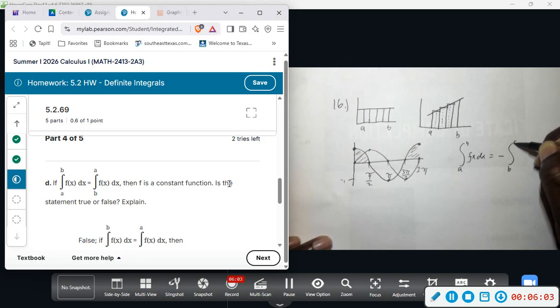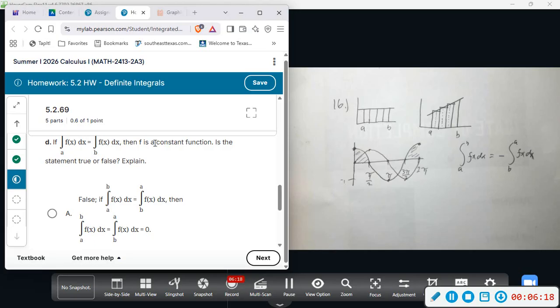The only thing that doesn't really have a sign is 0. So these both would have to be equal to 0 for that to work out. And so not necessarily constant, like 5, 6, or any constant.